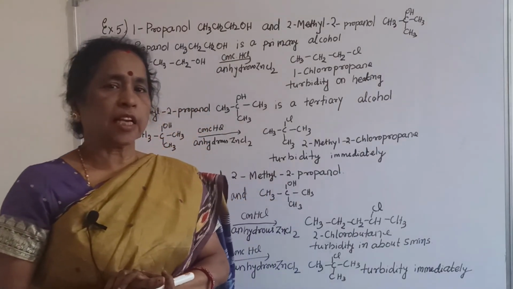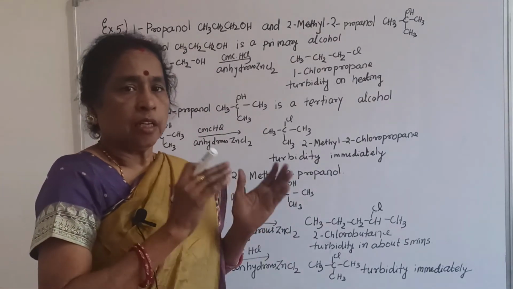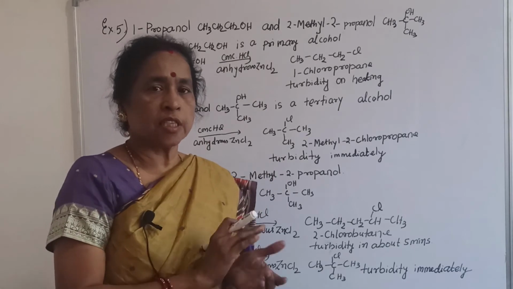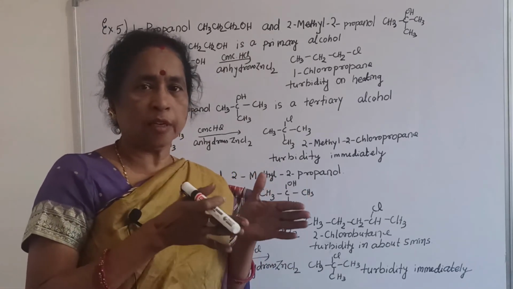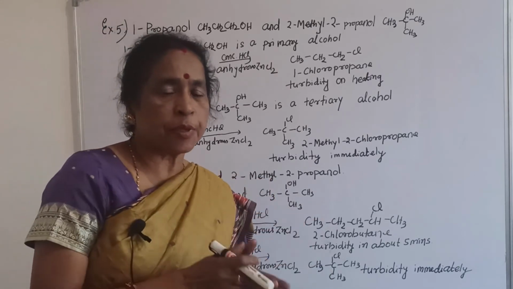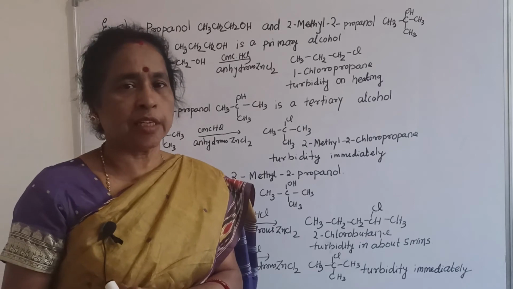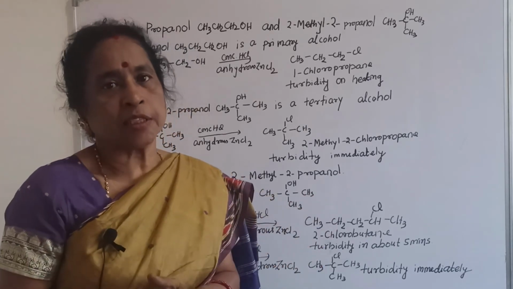Now we will see example 5. Here the Lucas test is applied. I told you Lucas test is applicable where we can distinguish between primary and secondary, secondary and tertiary, or primary and tertiary.